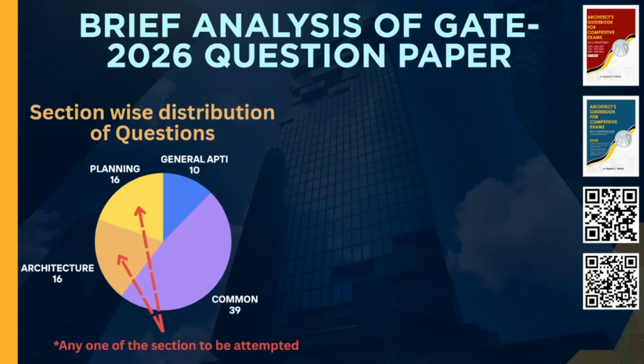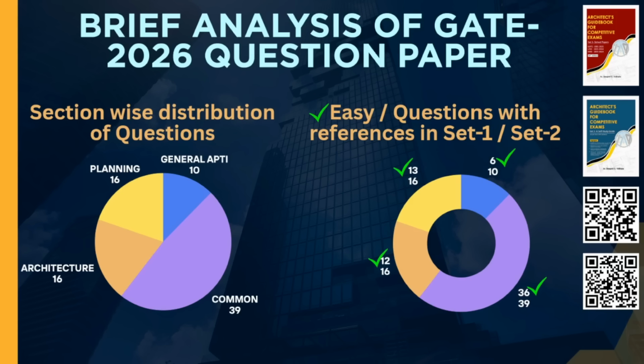As you have read in the thumbnail, when I checked the questions, most of the questions in the paper were of a very easy nature and had direct references in Set 1 or Set 2 of the Architect's Guidebook. In the general aptitude section, out of 10 questions, 6 were very easy to answer.